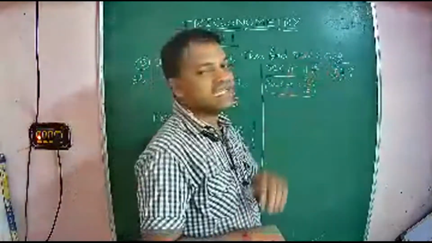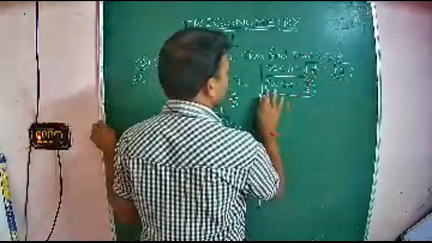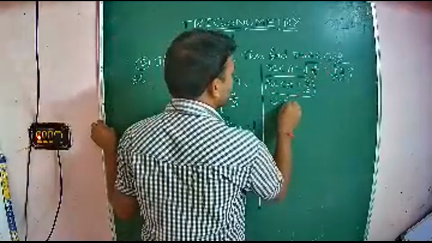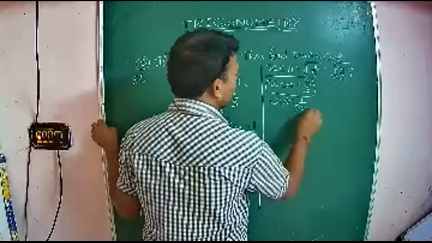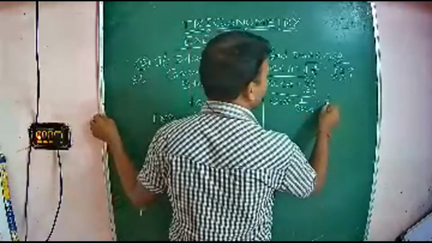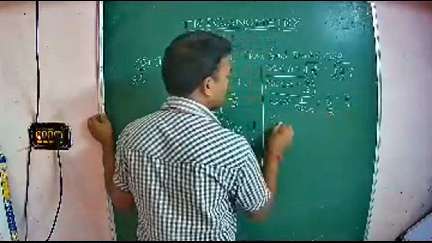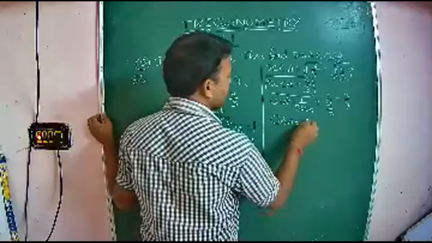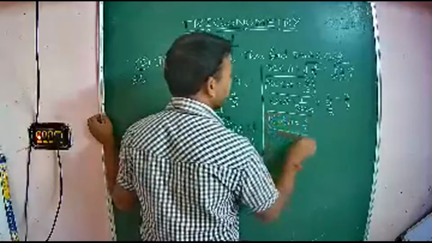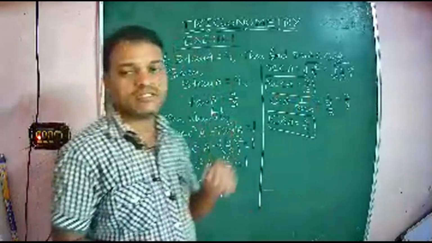Sin A and cos A. For cos A, I want 1 by secant A, the reciprocal of secant. This is 1 by 4 by 3, which is 3 by 4. So finally cos A value is 3 by 4, without using the right angle triangle, using the identities you can find.